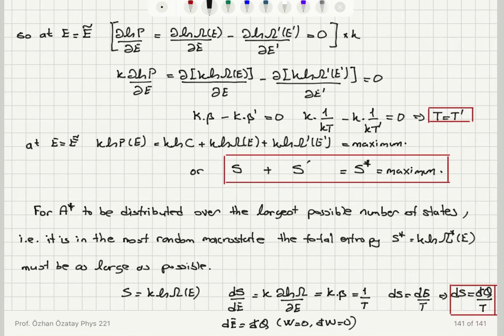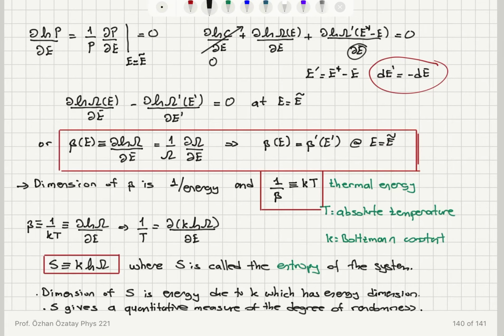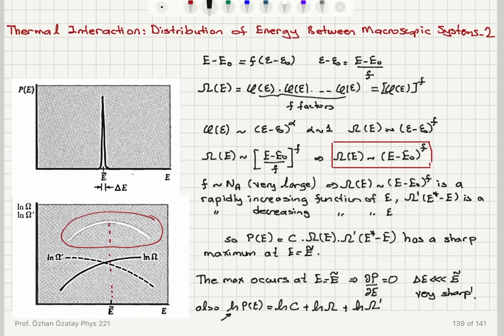Okay, so let's summarize what we said here. First of all, we started out by saying the total energy of system A, E minus E0, the ground state energy, is the number of degrees of freedom f, the total number of quantum numbers you have to specify to get the state of the system, multiplied by the energy contribution from each quantum number, epsilon minus epsilon 0.